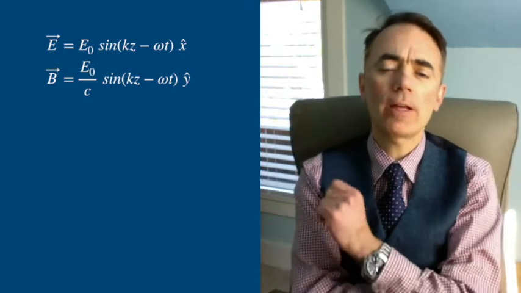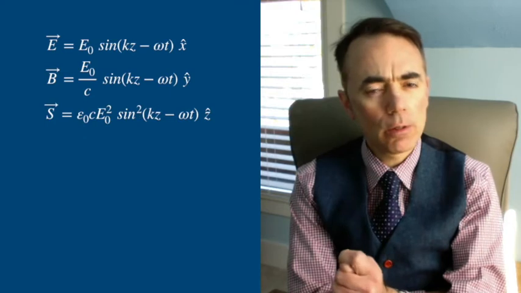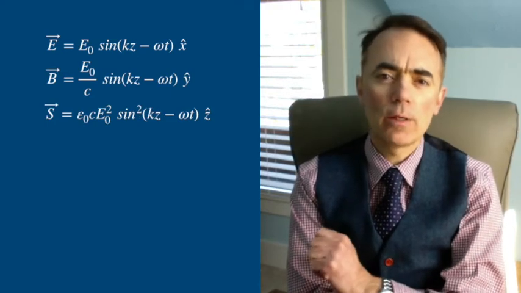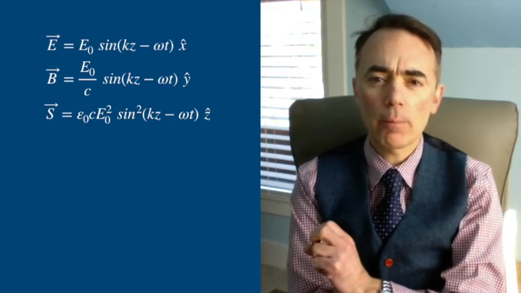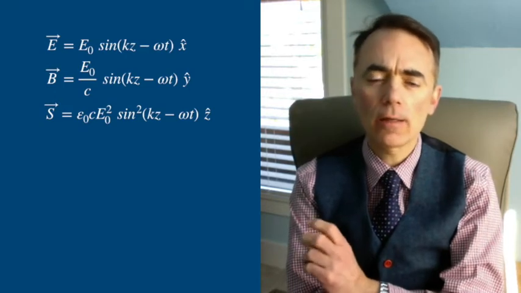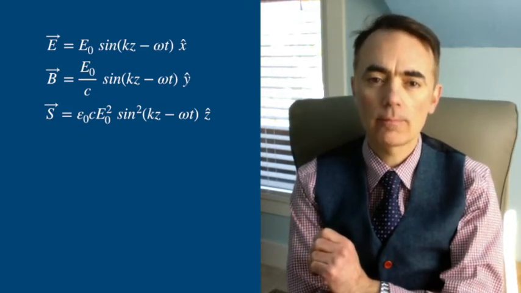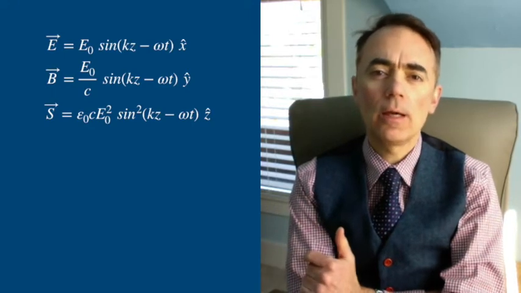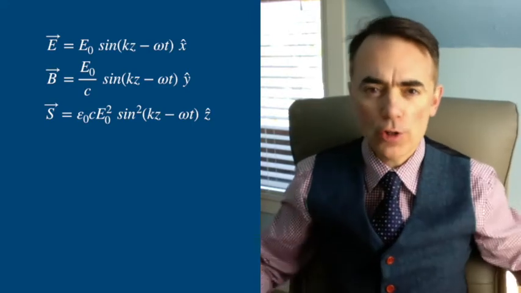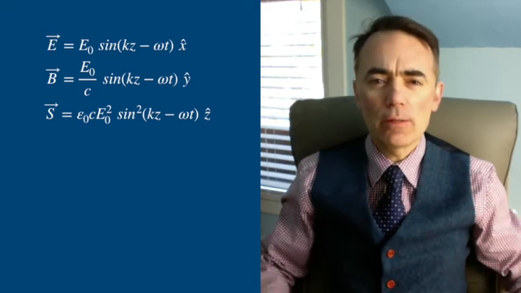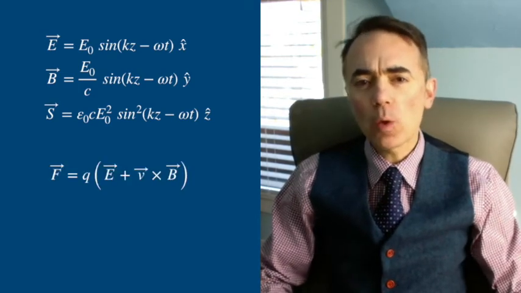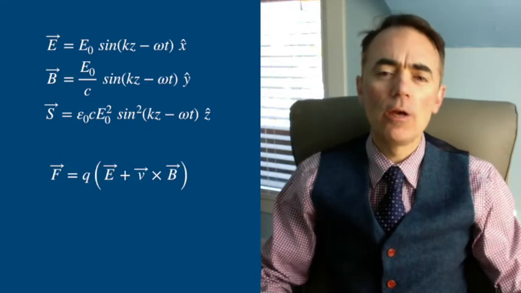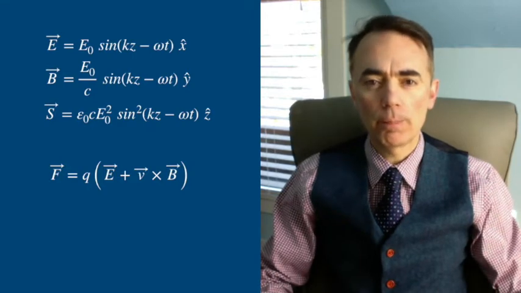And the Poynting vector S is epsilon naught c E squared sine squared of kz minus omega t in the z hat direction. If the electromagnetic wave affects an electric charge, this charge will experience the Lorentz force, F equal to Q times E plus v times B.